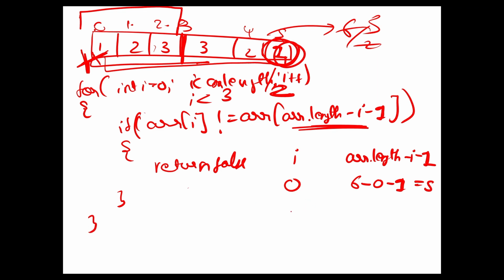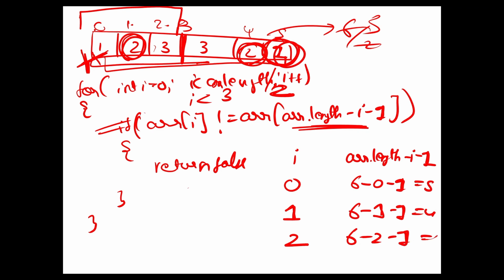After that, when i is incremented and becomes 1, then 6 minus 1 minus 1 is 4. Then the element at index 1 and the element at index 4 are checked in the if condition. They are equal, so it moves forward again until 3. Now i will be 2, then 6 minus 2 minus 1 is 3.